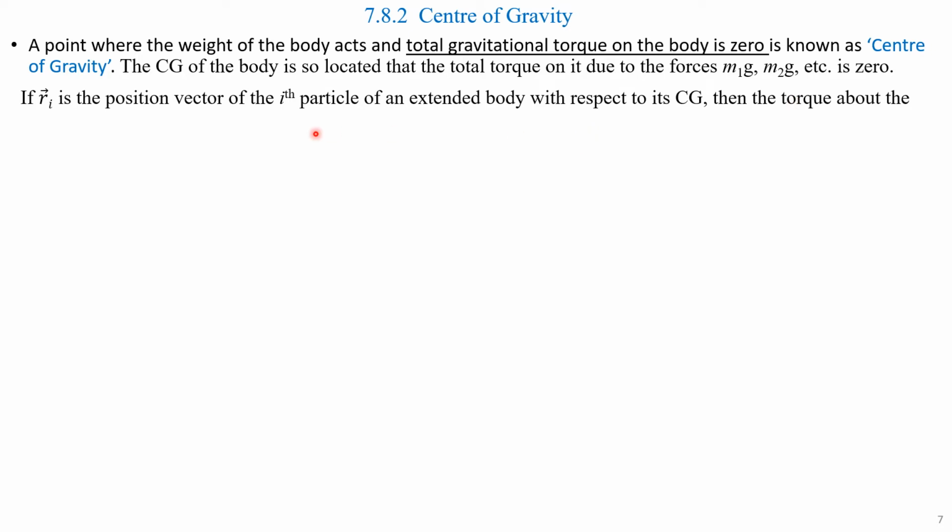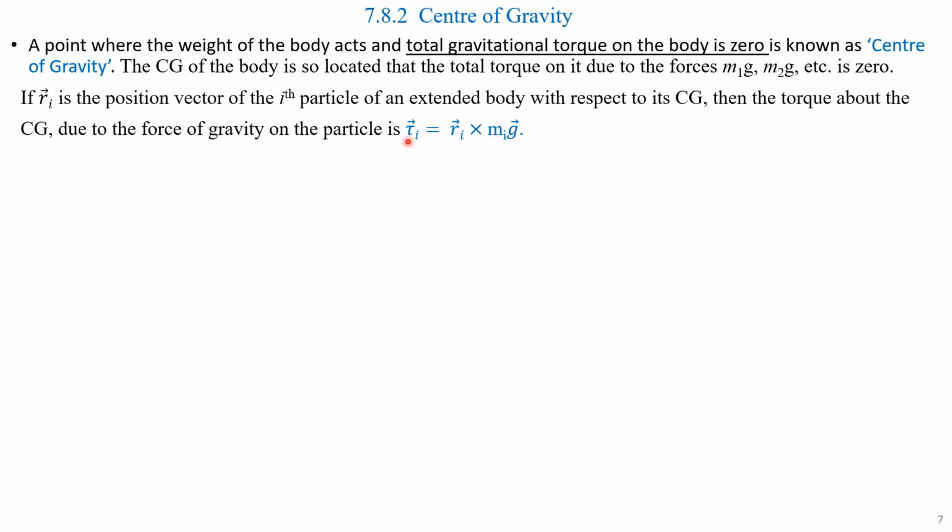If Ri is the position vector of the ith particle of an extended body or rigid body with respect to its center of gravity, then the torque about the center of gravity due to the force of gravity on the particle is given by the relationship vector tau i equals vector Ri cross mi times vector g.